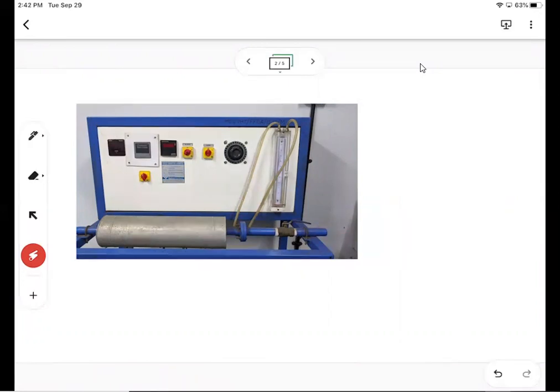This heater is nothing but a nichrome band heater. There are four thermocouples situated on the surface of this pipe, and there are two outside, that is basically the inlet and outlet.